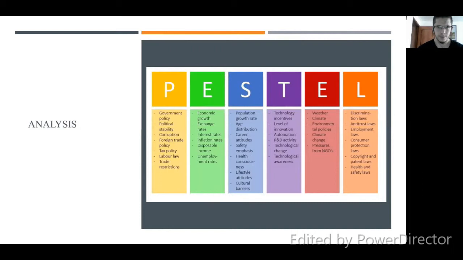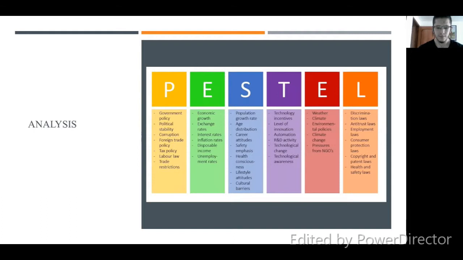What do we mean when we talk about political factors? Government policy, political stability, corruption, foreign trade policy, tax policies, labor law, and trade restrictions. These are just a few examples to show you what political factor might be and how can it affect your working environment.